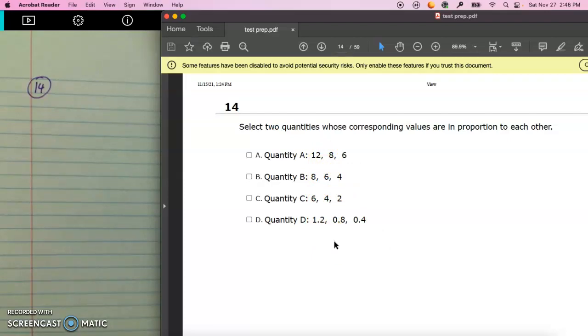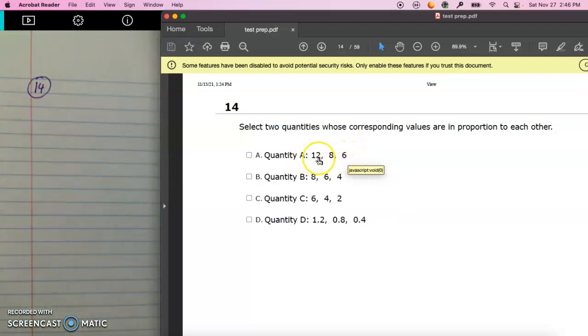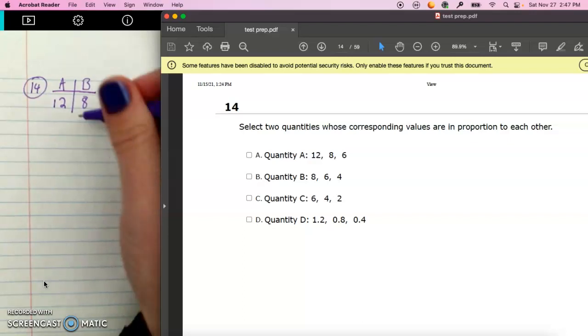So, some strategies. If I had quantity A, I've got 12, 8, and 6. Basically, what I'm doing is finding the constant between this one and this one, this one and this one, and all sorts of different combinations. So let's make a T-chart with A and B next to it.